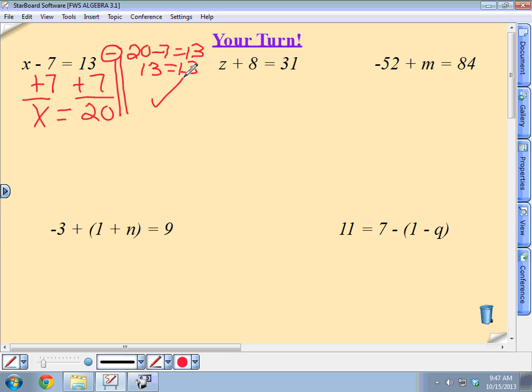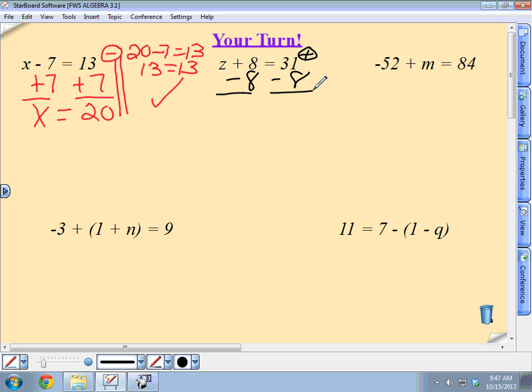Okay? All right. Z plus 8 equals 31. What's the operation closest to my variable? You subtract, right? Right. It's addition. So I subtract 8. Very good.